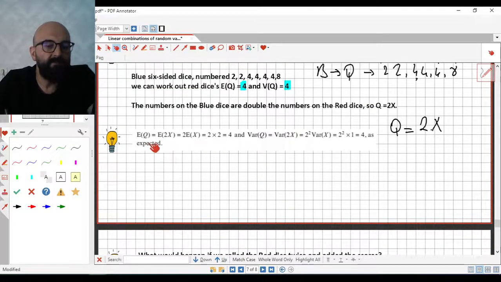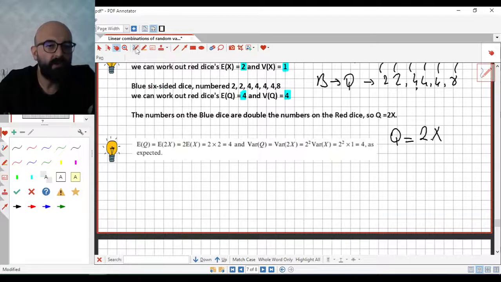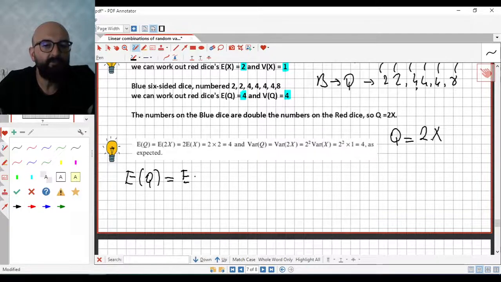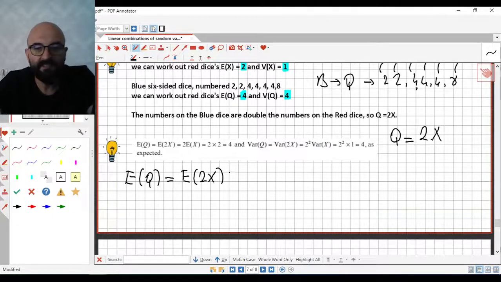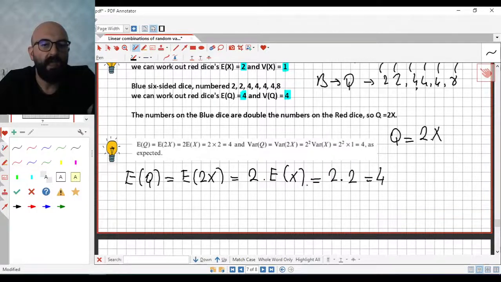But if we want the expected value of q, it means the expected value of 2x, and it means 2 multiplied by the expected value of x. It means 2 multiplied by 2 is 4, and it also holds in this situation.